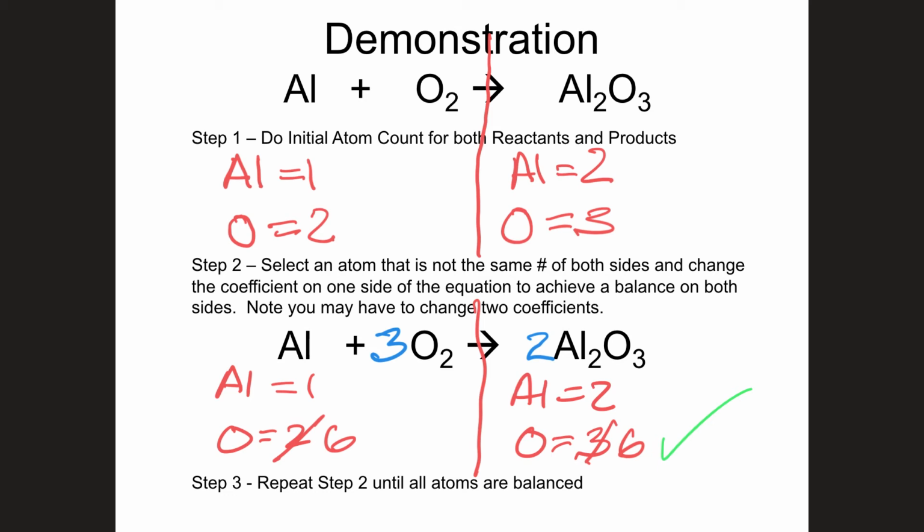So let's go back and change the aluminum amounts. 2 times 2 aluminums equals 4 aluminums. And so let's do that. We're going to make that 4 now. Now here's where it's easy, because over here the aluminum is 1. And what can we put in the front of aluminum to make it 4?